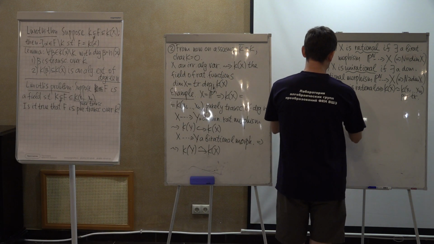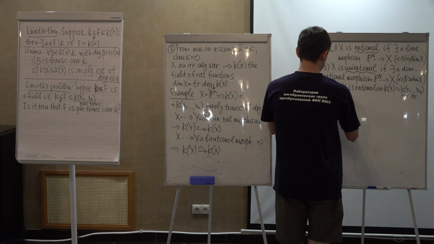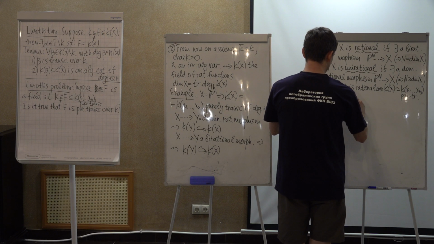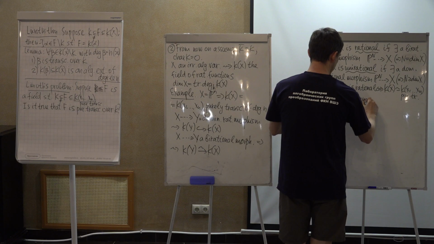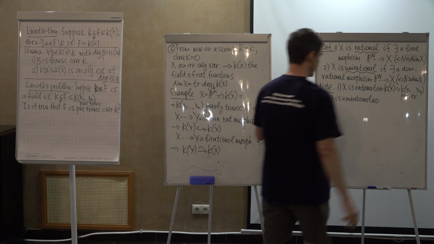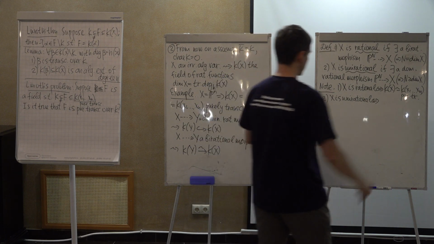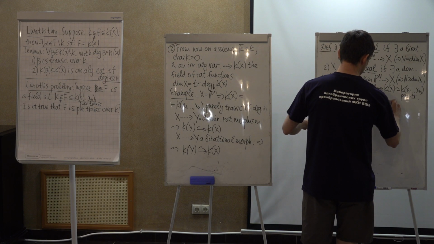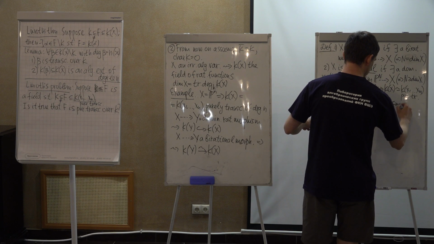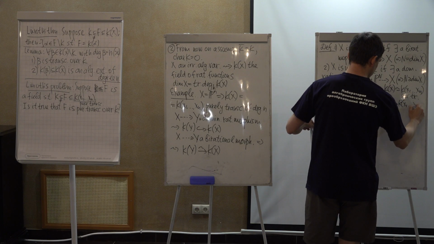Okay. And X is unirational. So this means that K(X) can be embedded into such a purely transcendental extension.